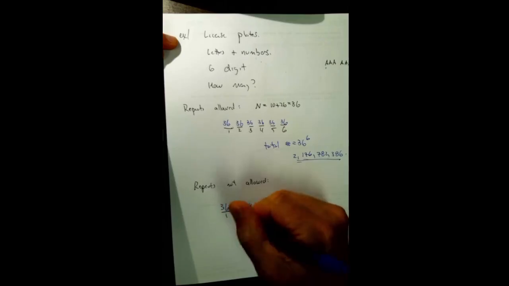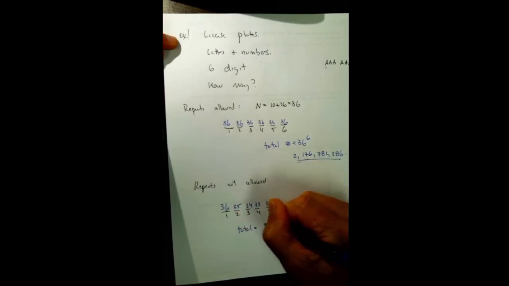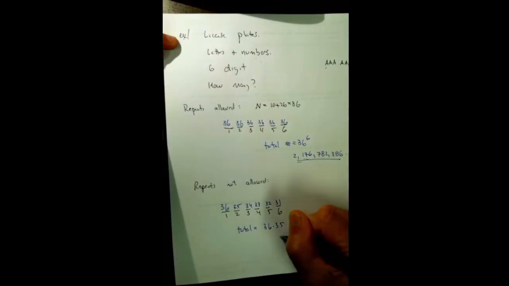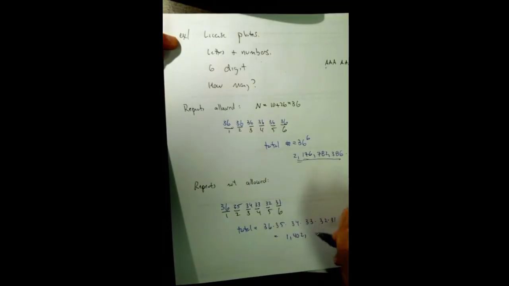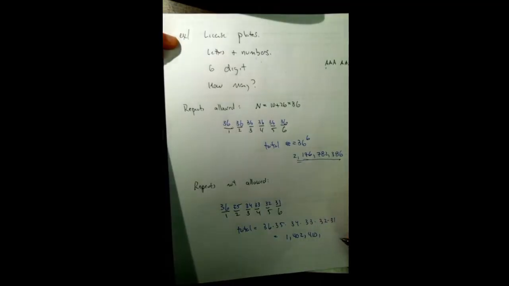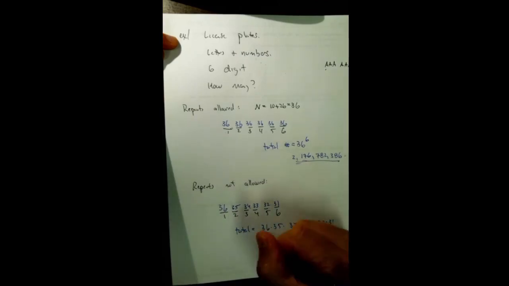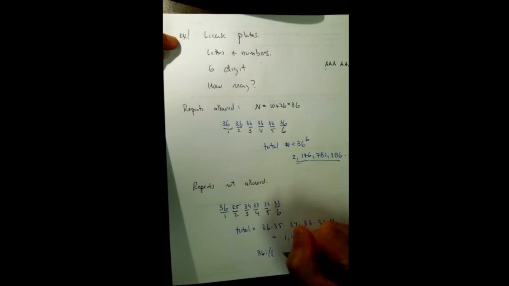So the number is going to be 36 times 35 times 34 times 33 times 32 times 31. And that comes out to be 1,402,410,240. Okay. Also note that's equivalent to saying 36 factorial divided by 36 minus 6 factorial, or 36 factorial divided by 30 factorial.